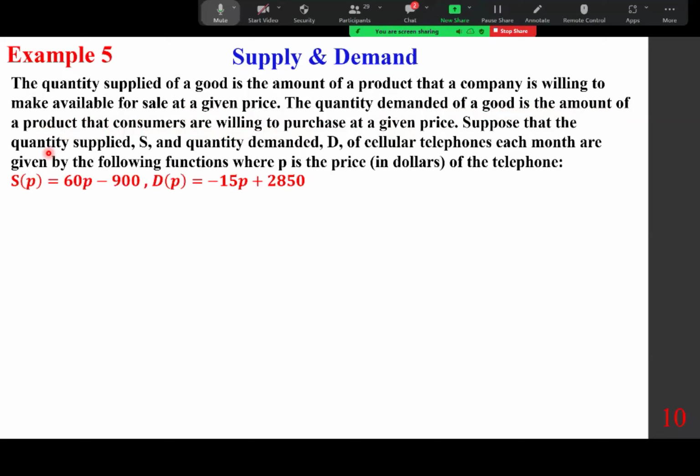Suppose that the quantity supplied S and quantity demanded D of cellular telephones each month are given by the following functions where P is the price in dollars of the telephone. So S of P is 60p minus 900. D of P is minus 15p plus 2850.